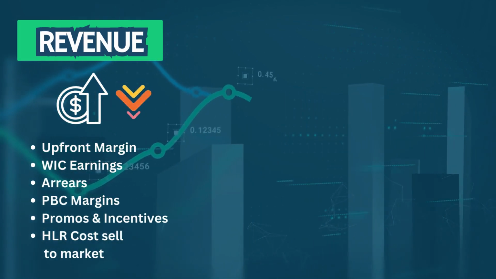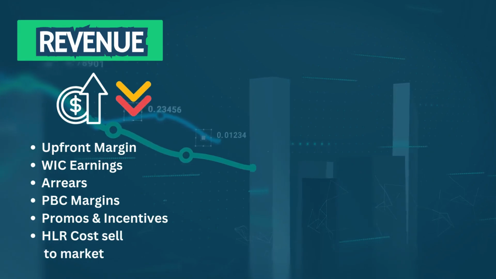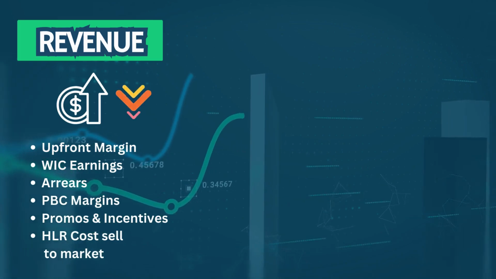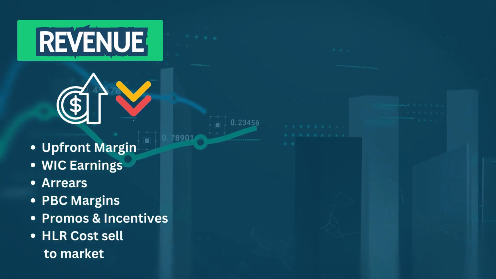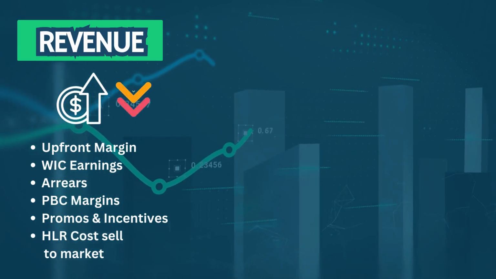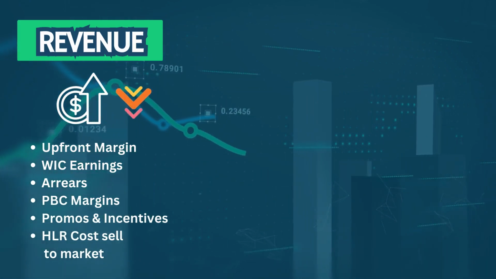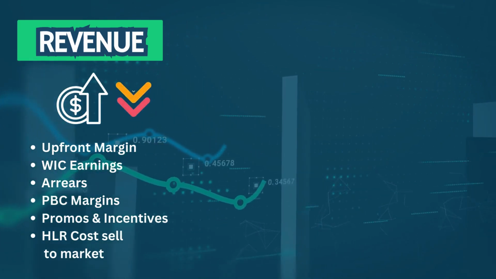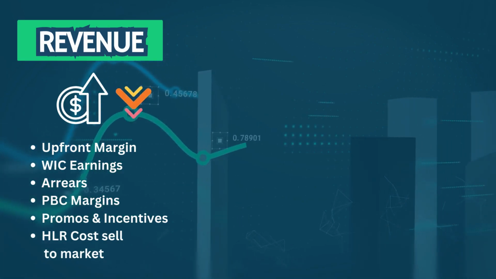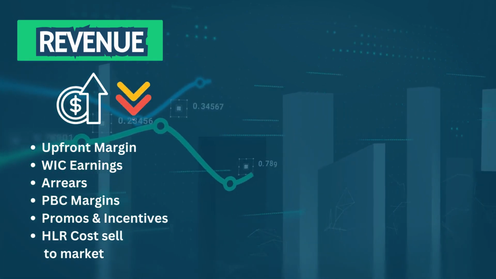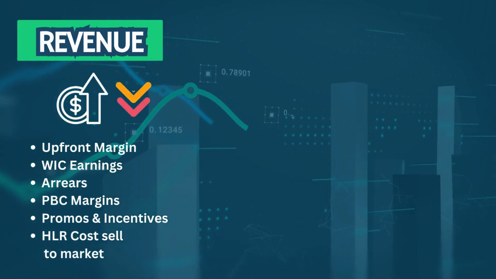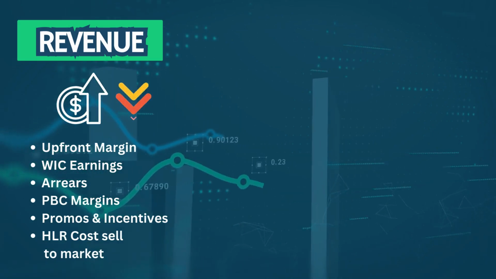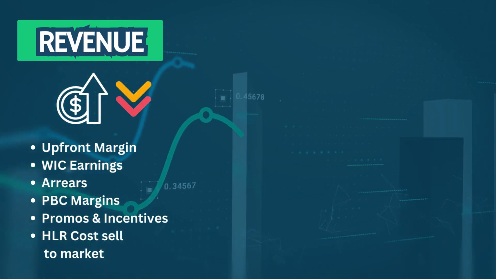It covers all the arrears, MNP arrears and prepaid arrears. Then we have PBC margins. This is the amount which one gets if all the assigned 13, 14 KPIs are met. And then promos, all sorts of promos, head office promos, regional promos, which include GA days, MNP days, FCA promo, bundle promo, SIP, 4G, every sort of promo. So once we club all these streams of income, we get our revenue sorted.